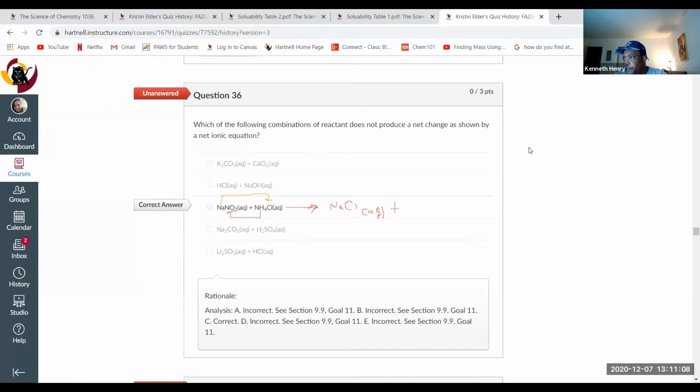And ammonium nitrate, AQ. So if we looked at the total ionic equation or the net ionic equation, there's not going to be anything left because everything is a spectator, right?